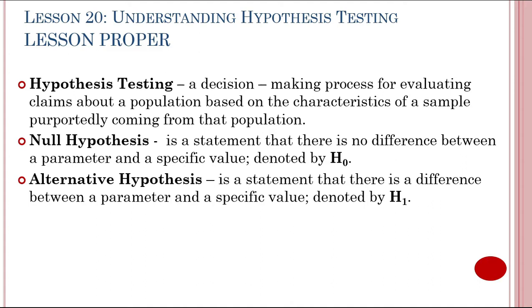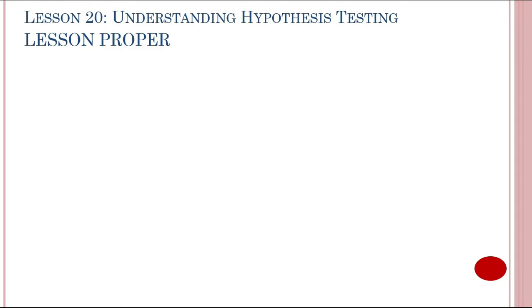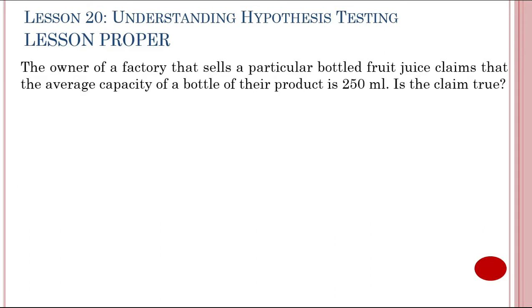Kaya siya H sub 0. Kasi bakit 0? Kasi walang pinagkaiba yung parameter at yung specific value. On the other hand, kapag naman alternative hypothesis, merong pinagkaiba yung parameter at yung specific value na yon. Kaya denoted ito ng H sub 1. Kuha ba? Okay, good.